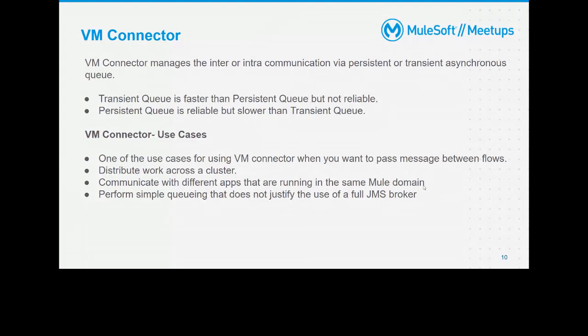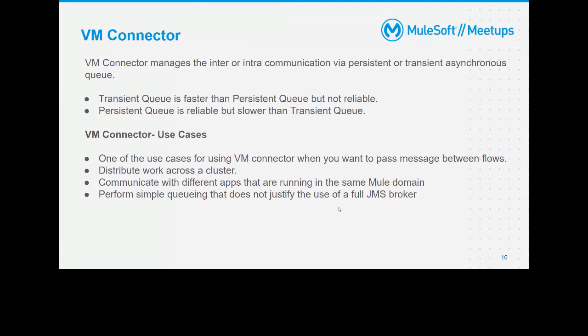That is only possible on-premise, it is not possible in CloudHub, because you can have a domain only for on-premise applications. And if you want to perform simple queuing that doesn't justify the use of a full JMS broker, where you just want to push the message temporarily and retry, or pass the message from one flow to another flow, you can make use of the VM connector.